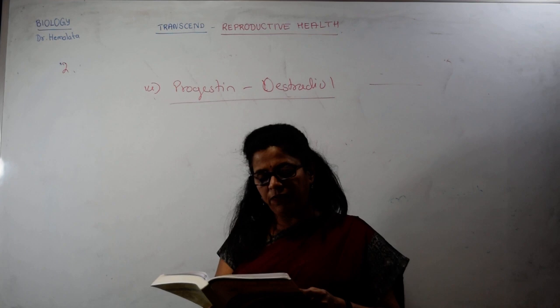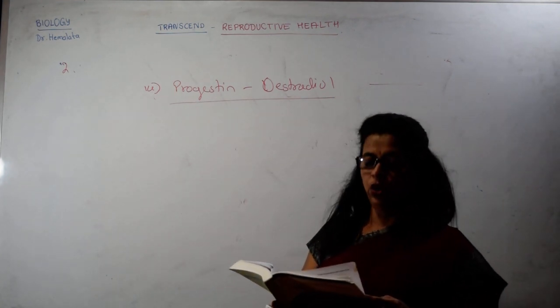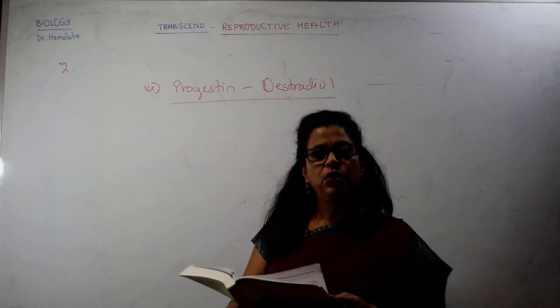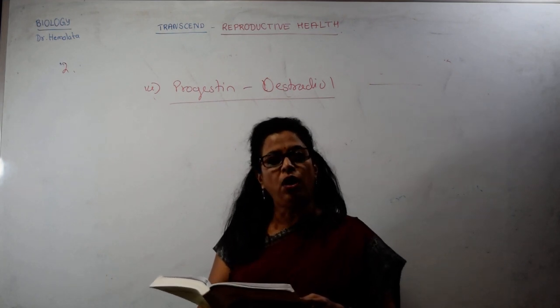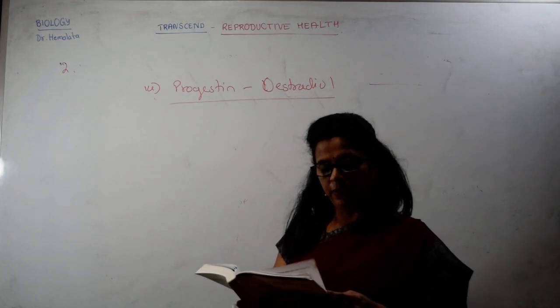Then, preventing the uterine physiological and morphological changes required for implantation. No way it is connected with implantation. It will not prevent implantation by changing the uterine wall physiologically or morphologically. So it's a wrong answer.